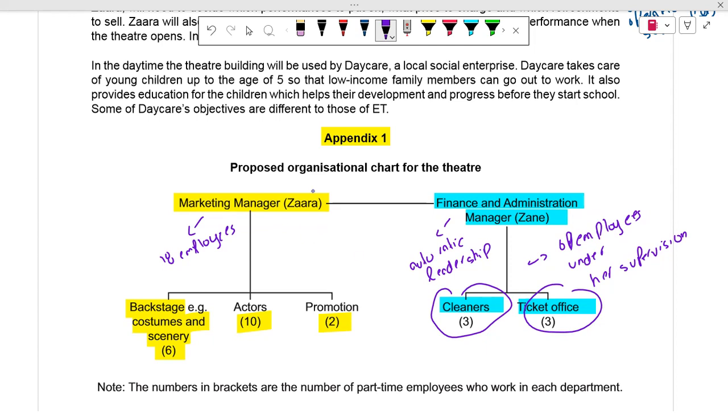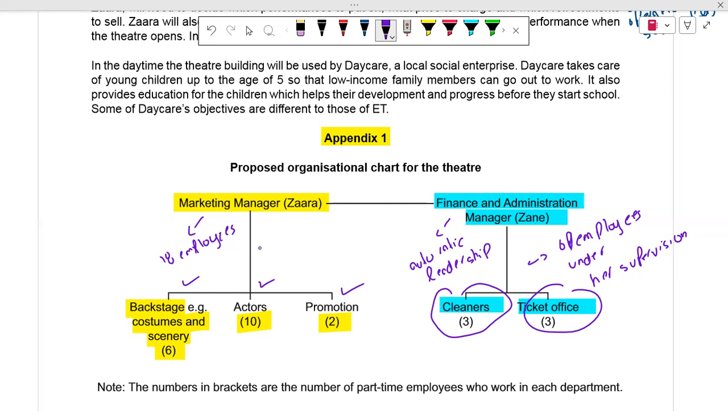But whenever we are talking about Zara, Zara has basically promotional staff, actors, and backstage costume and scenery. So it means that she should use the democratic style and she should empower her employees. Why?